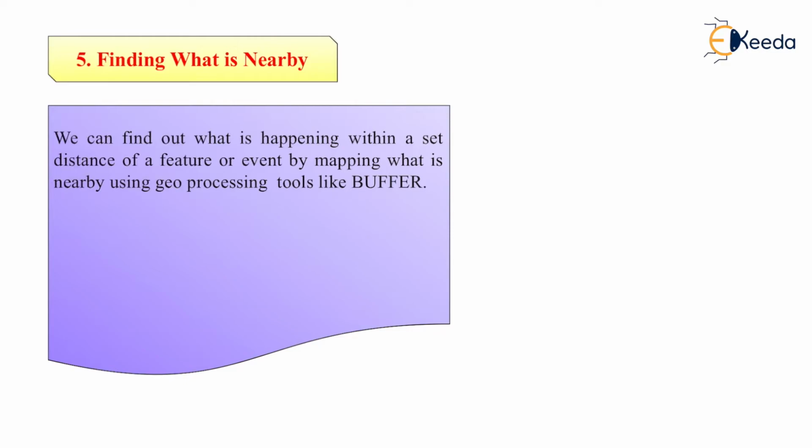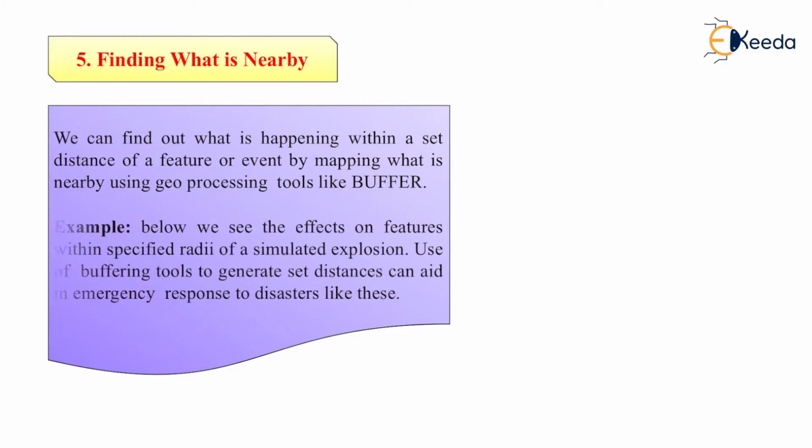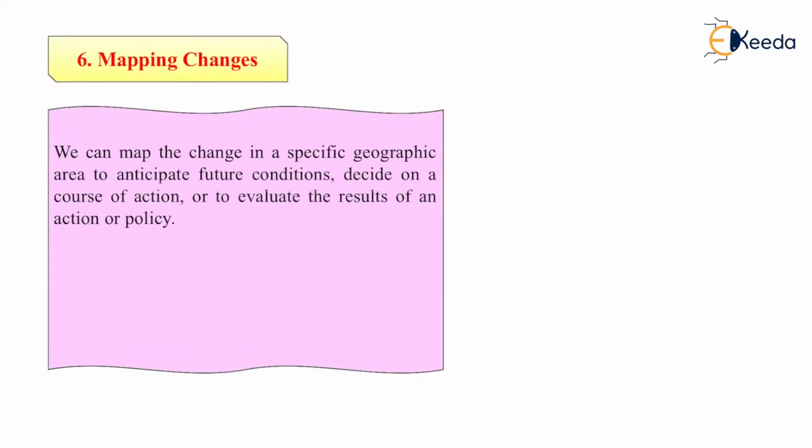It refers to features within the specified radii of a simulated exposure. Use of the buffering tool to generate set distances can aid emergency response to disasters. Whenever a disaster happens, we can find out what is happening in the nearby area so that we can provide help. For example, floods in Mumbai, or cyclones coming in.